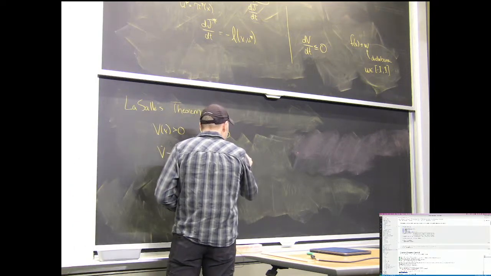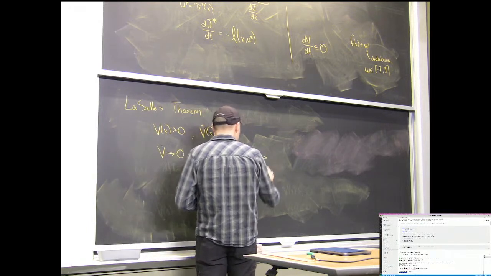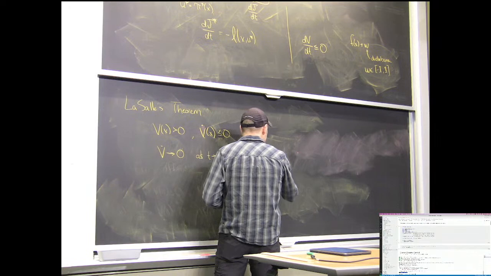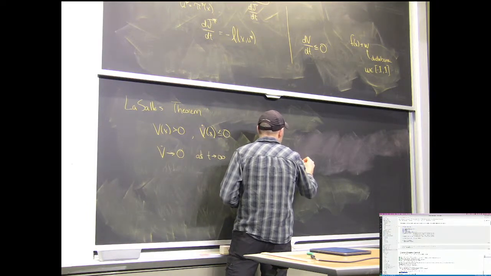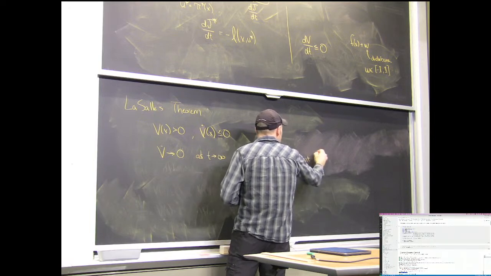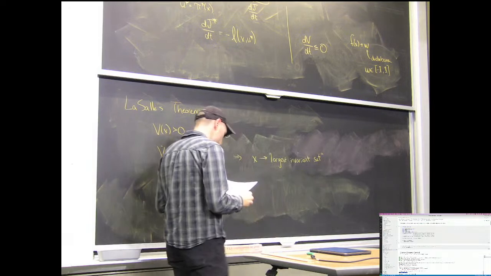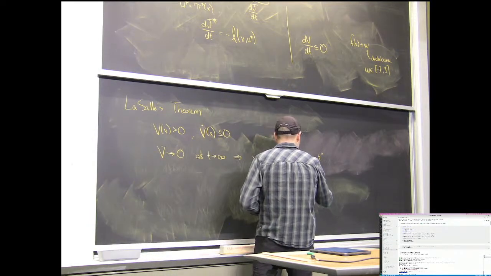And that implies that x goes to the largest invariant set with V dot equal to 0.